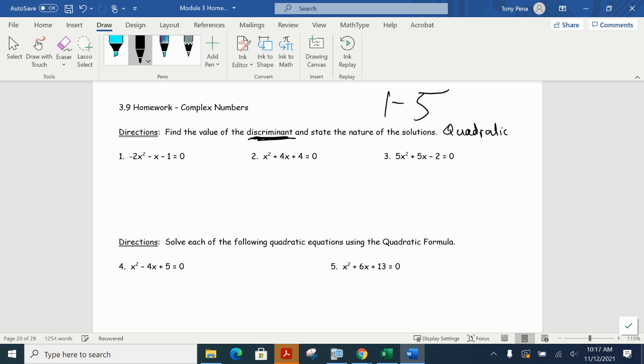But what I want you to now do is do what we did in all those problems. Tell me what kind of solutions we got. Did we get 1 solution? Did we get 2 real rational solutions, or do we get 2 imaginary solutions, the stuff that we just kind of talked about? So that's all you're doing, 1, 2, 3, 4, and 5. And then you're going to tell me what kind of solution, how many we got and what kind we got. All right. And then we'll go over this on Monday, or I'll collect it on Monday. So that's your homework, 1 through 5 only.